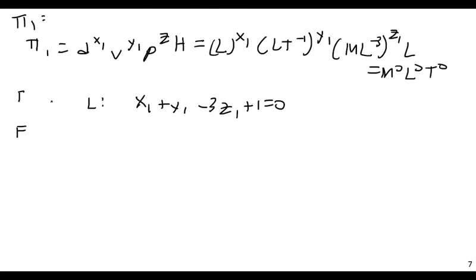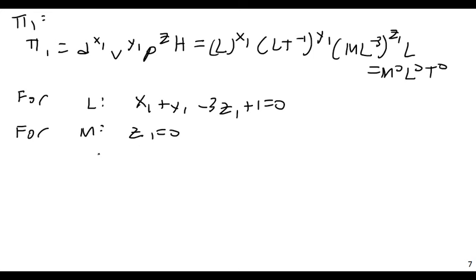For M, if I look at M here, there is only one term with a z with an M in it, so I can just say, oh look, z1 is equal to 0.